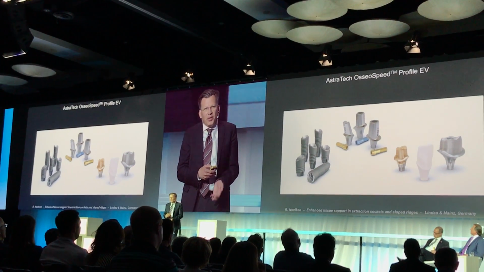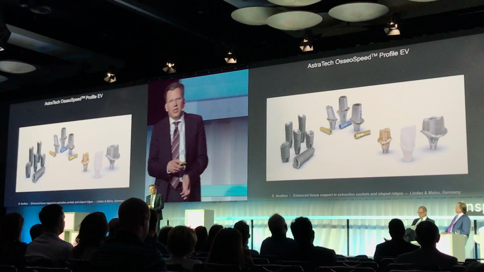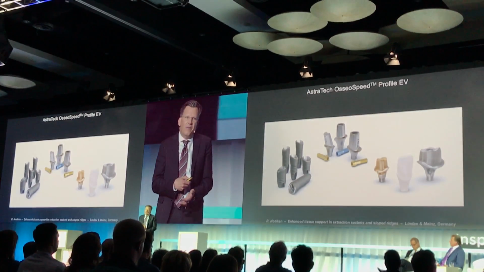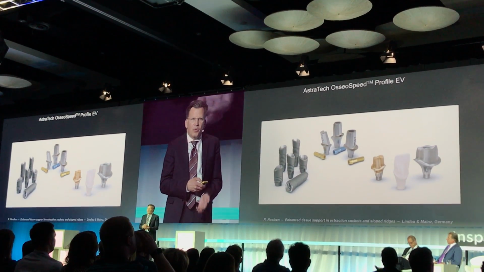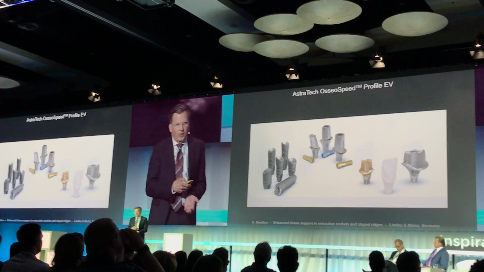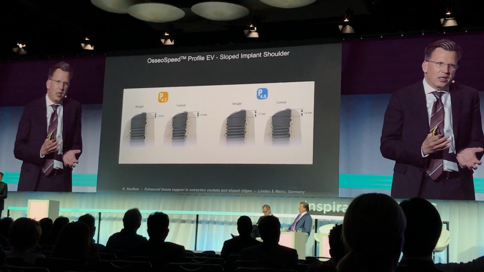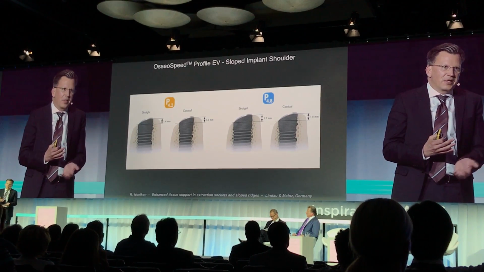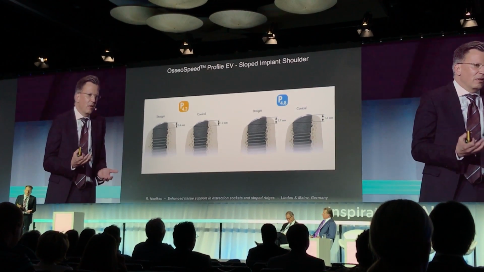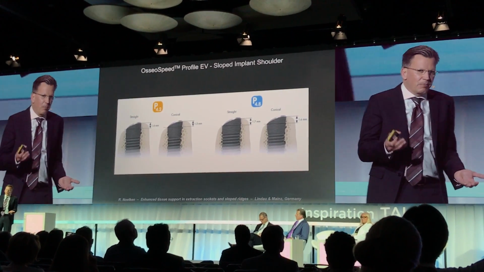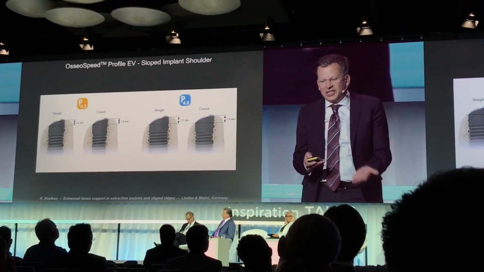For about 3 years by now, we use the newest generation of the OsseSpeed Profile EV implants with a unique internal connection. Depending on the dimension of the implant, we have different height differences between the buccal and the oral aspect, between 1.3 and 1.7 millimeters.